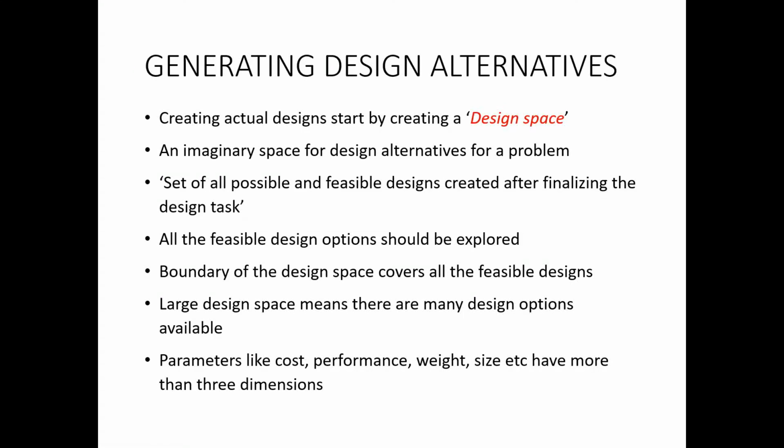Most of the solutions will be feasible or workable, and the designer should evaluate all these design alternatives based on certain criteria to select the best one. And that is done by exploring all the feasible design options. Feasible means it should be workable. All those should be considered, and only then can the designer select the final design alternative.